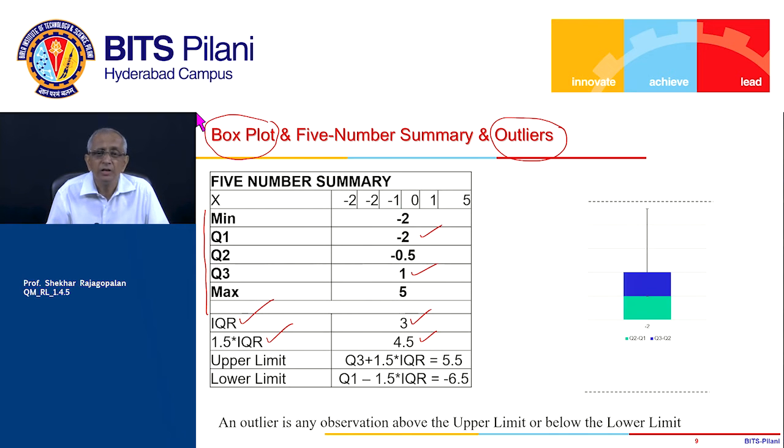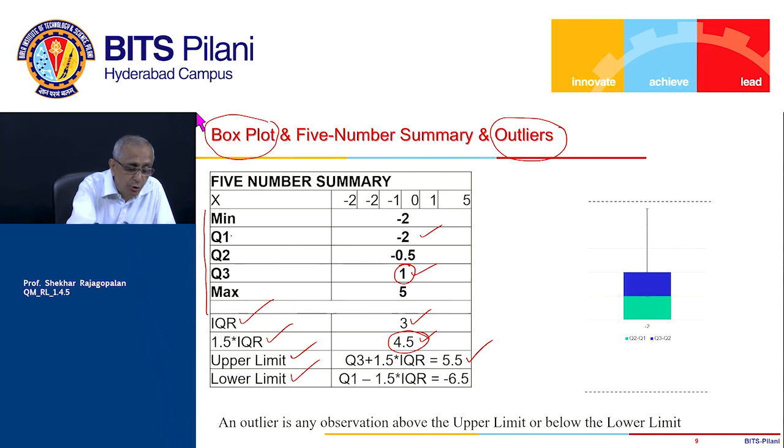And then I compute two things: one is called the upper limit and one is called the lower limit. The upper limit is Q3, which is 1, plus this number 4.5. So 1 plus 4.5 is 5.5. I also compute the lower limit, where I look at Q1 and subtract that number 4.5 from it. So -2 minus 4.5 is -6.5.